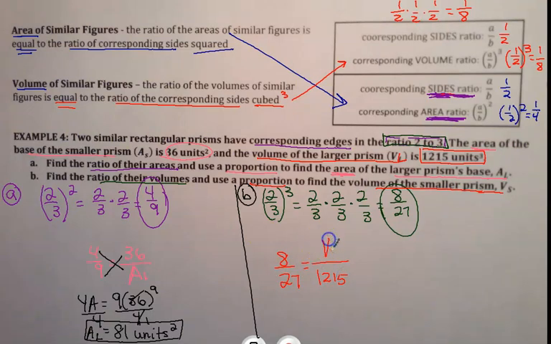This is going to be our volume V sub S of the smaller prism. And then we solve our proportion. So 8 times 1,215 equals 27 V. Divide by 27. 3 doesn't go into 8, but it goes into 24. This one I would use a calculator, since nothing cancels easily, and check that one.